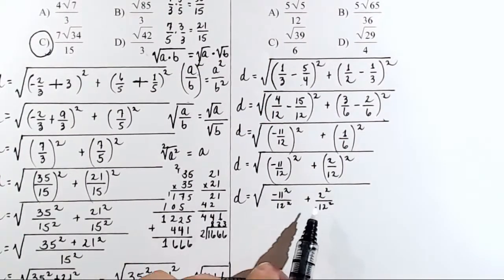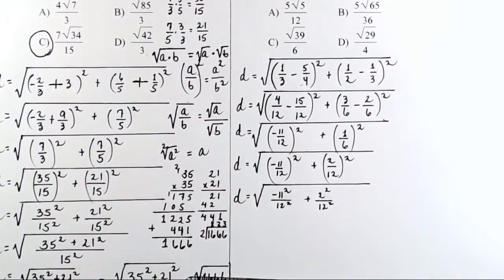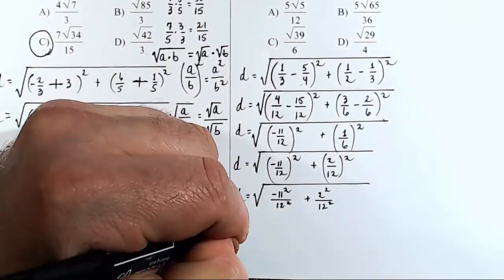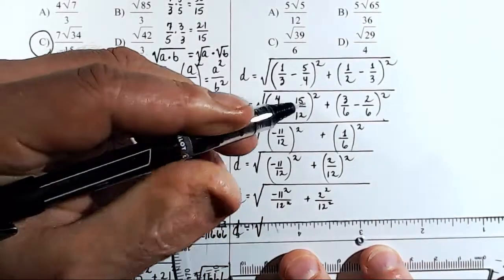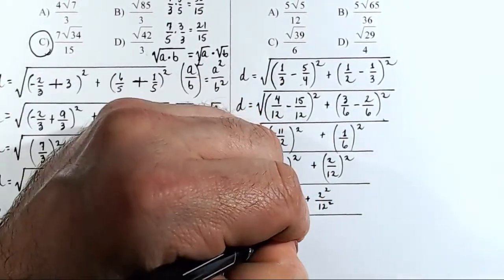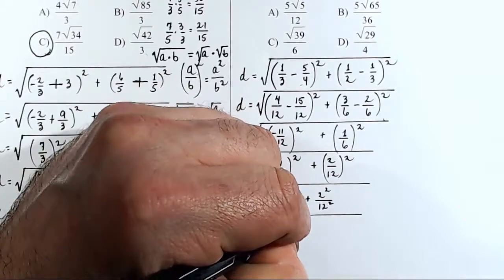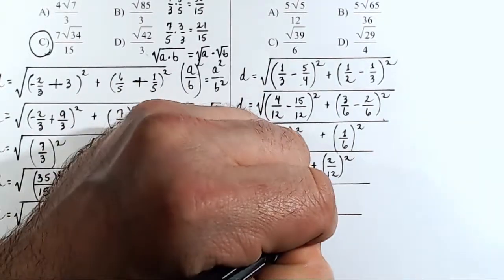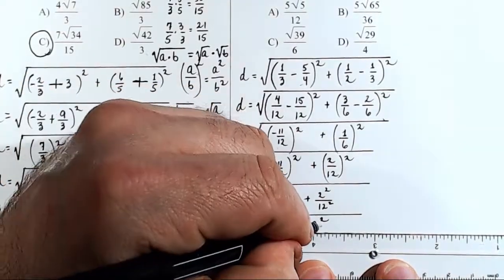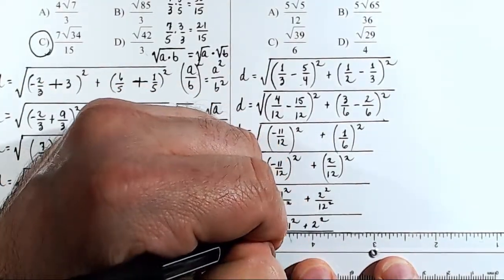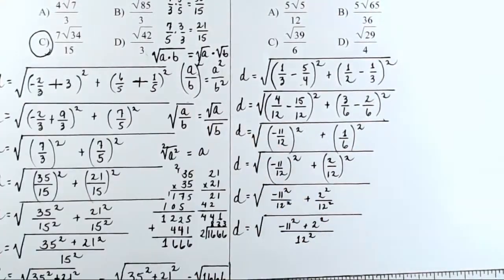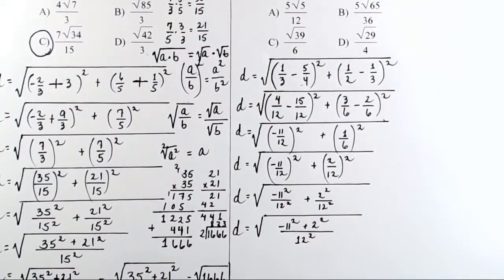And now I notice I've got common denominators here, so I can combine everything like this. D equals the square root of negative 11 squared plus 2 squared over 12 squared. Right?